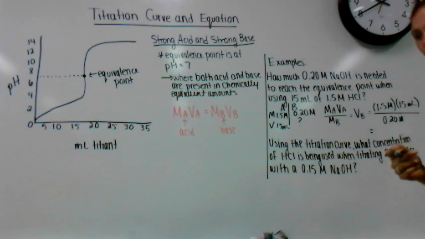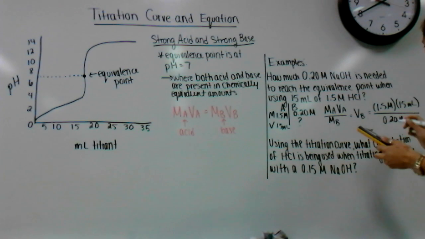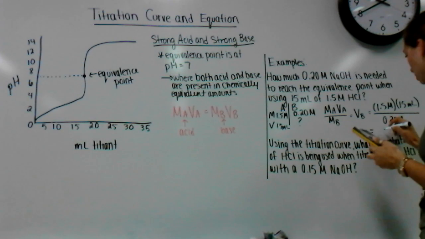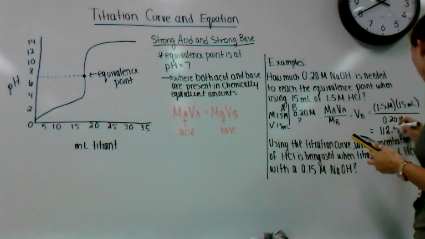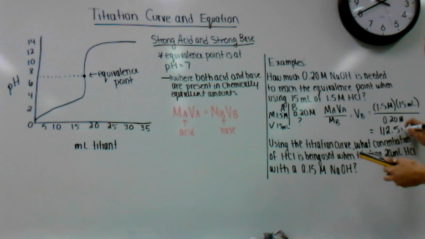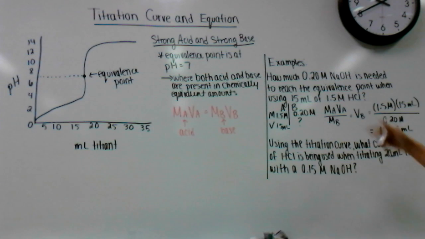We plug that into our calculator, and we find out that we are going to need 112.5 milliliters of our base in order to titrate 15 milliliters of a 1.5 molar HCl.